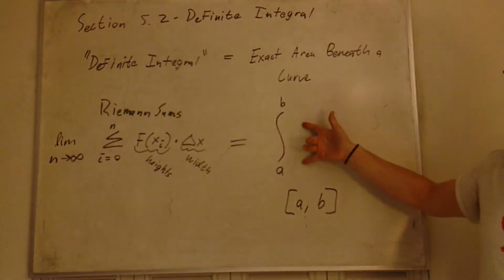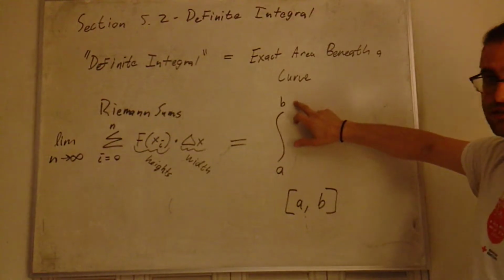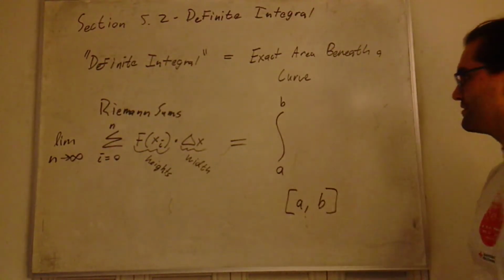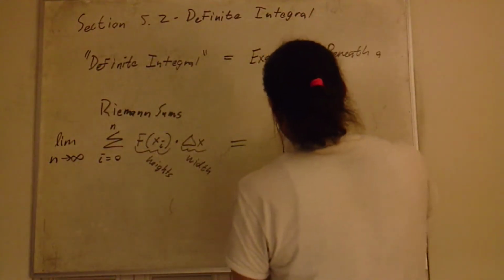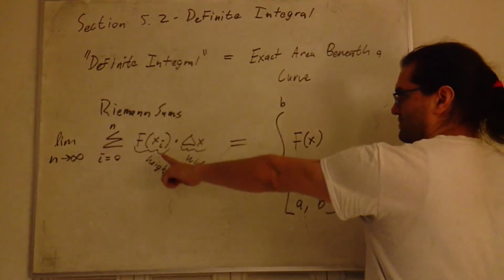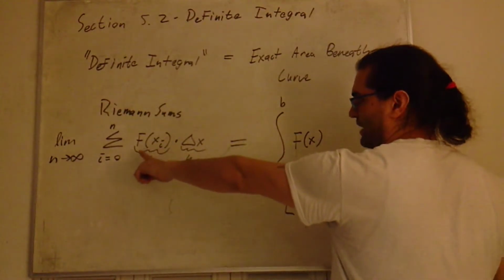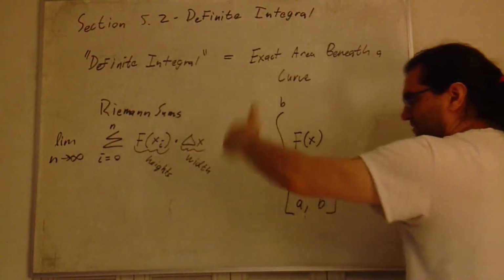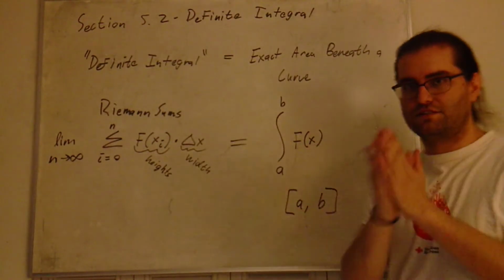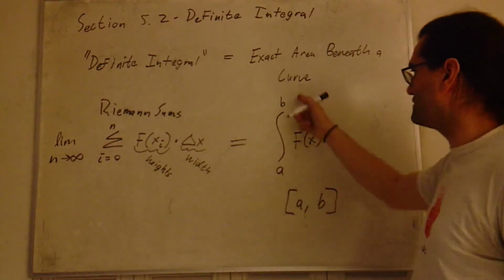So if we were doing this on the last problem, this would be our 0 and our 6. These are the bounds of your integral. f of x isn't going to change much. We're not going to use x sub i's to represent a collection of different x values. We're just going to call it f of x, as x varies between these two bounds.